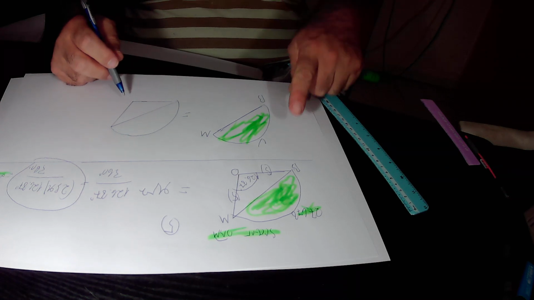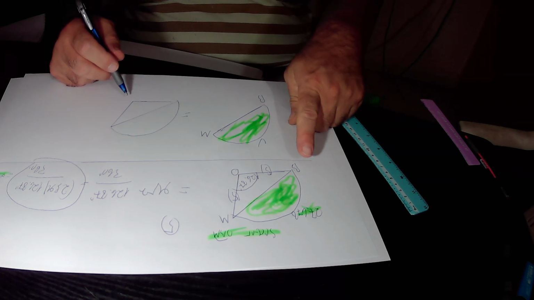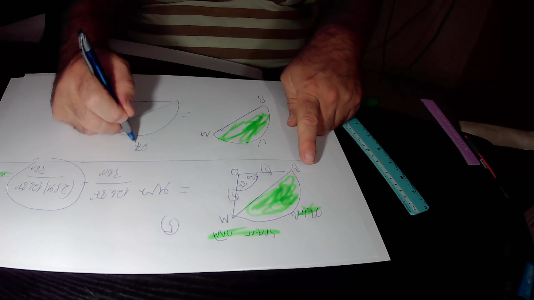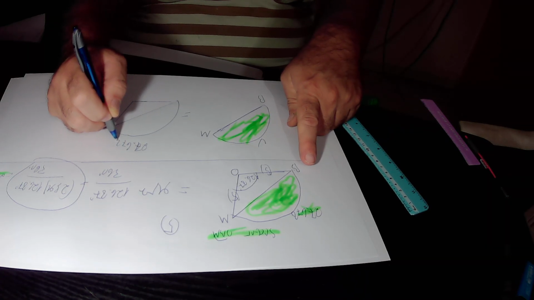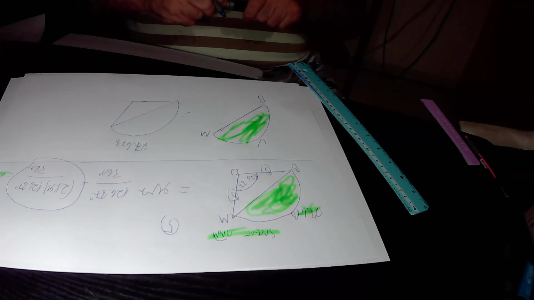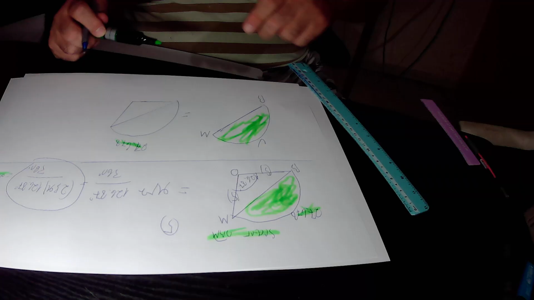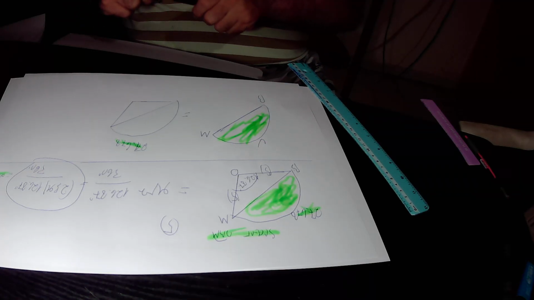And we already found out that the area of the sector OBM equals 27.678 in its size, minus the area of triangle OBM. This is triangle OBM.